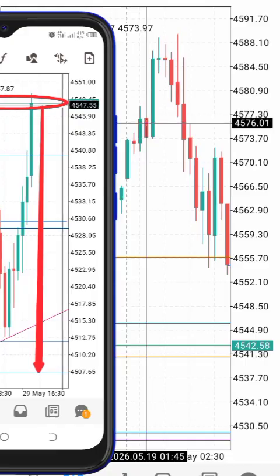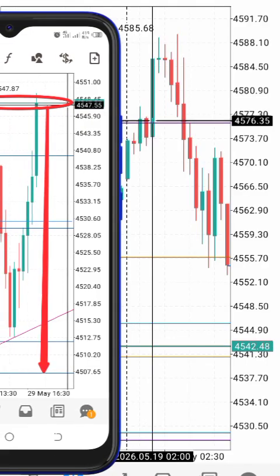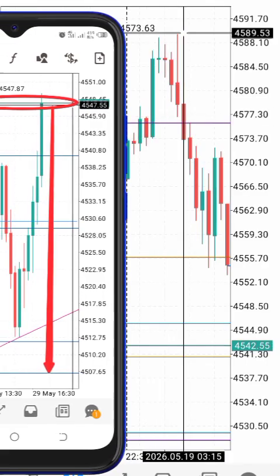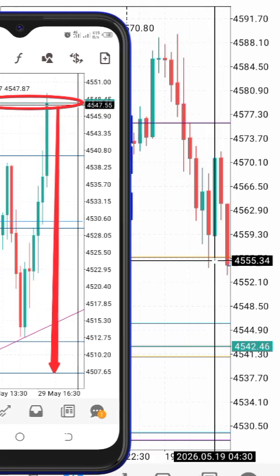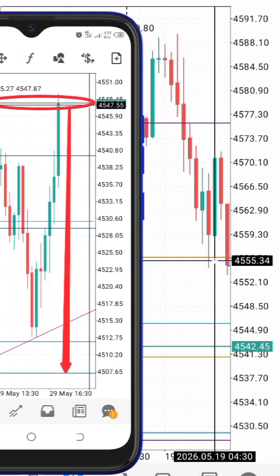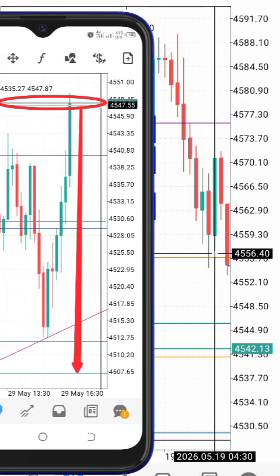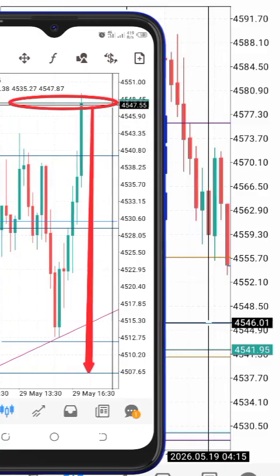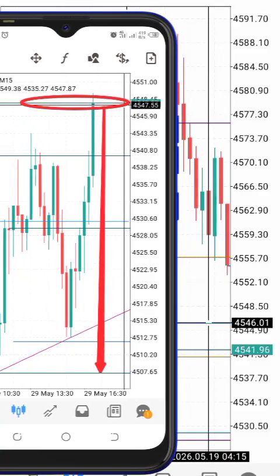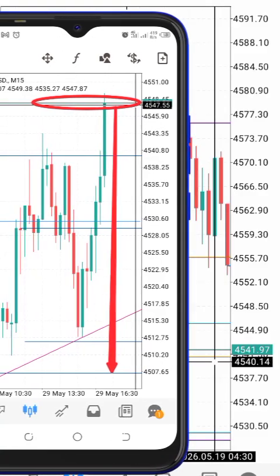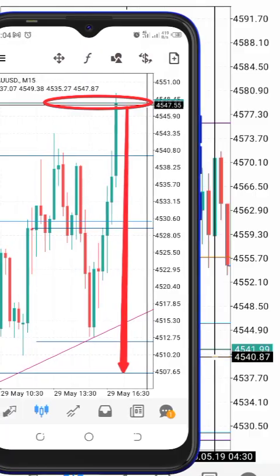So the first rule is to see the break of the deviation limit, and then the market should return to retest entry level 1. We have entry level 2 at 4546. This will be our future buy entry price, and we have entry level 3 at 4540.